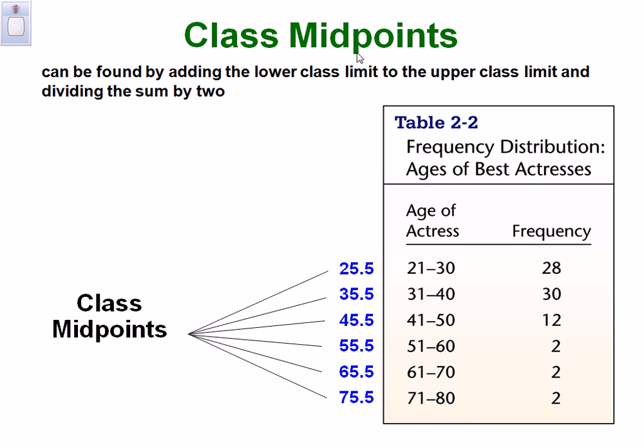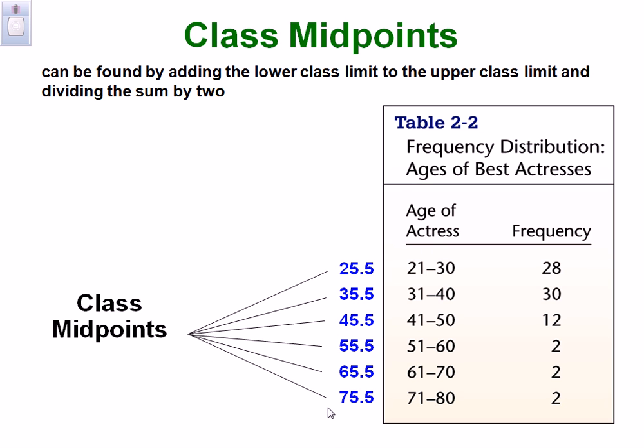Midpoints are important, but not so much for what we're going to be doing this year. It's more important for what you're going to be doing in a higher level math class, because I could just give you the graph and you would have to work backwards and find the data. And to do that, you would need to be able to find the midpoints. We're going to label our class intervals with the lower and upper boundaries.